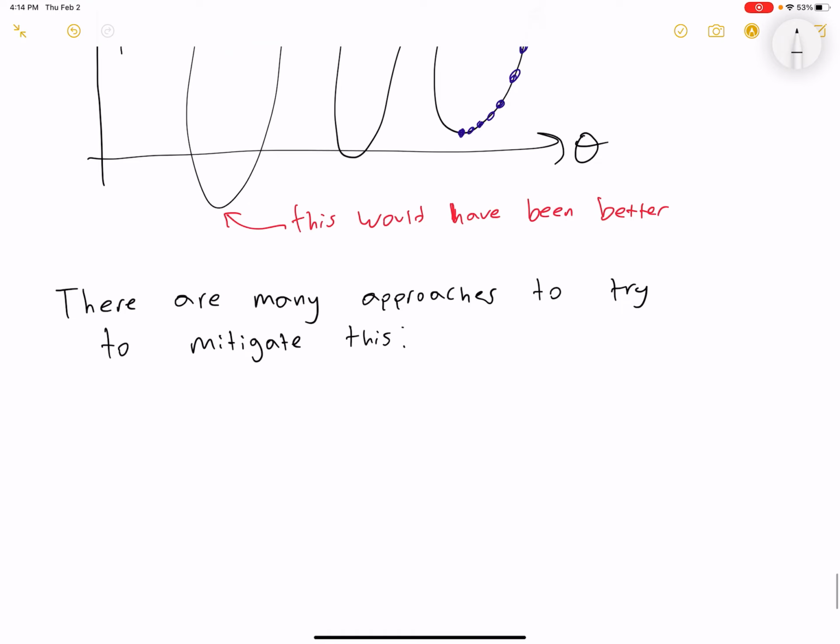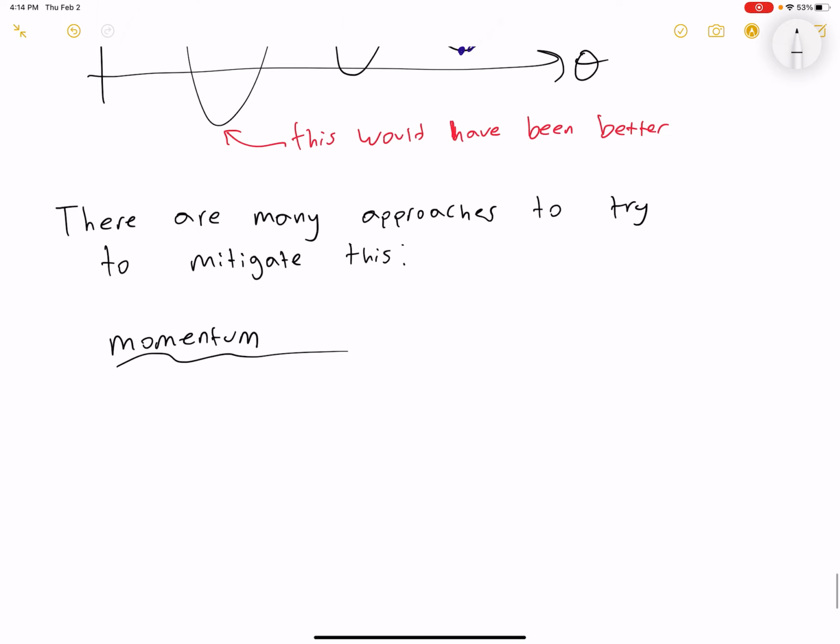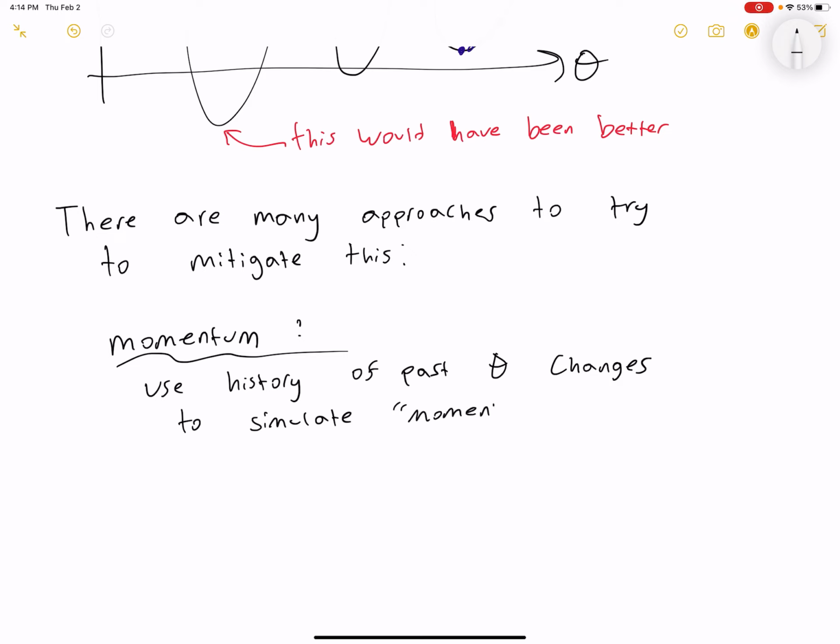For example, there's something called momentum, which has some math, but it's kind of just intuitive, where you use the history of past changes to your parameters to simulate what you would think of as momentum in physics.